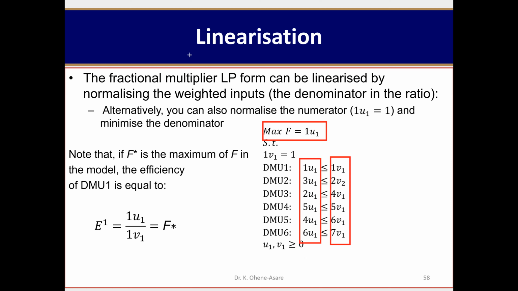In an input-oriented version, we use theta to represent the efficiency. In an output-oriented version, we use phi. So we are minimizing the input, because this is an input-oriented model.